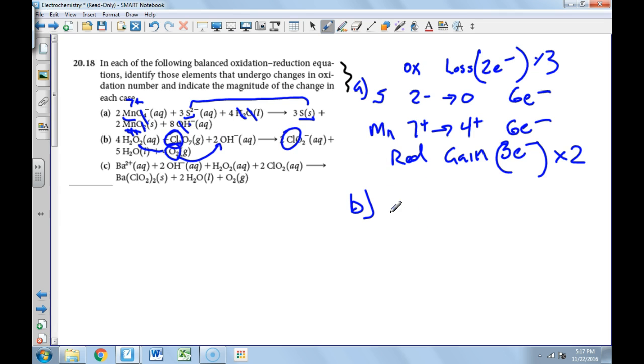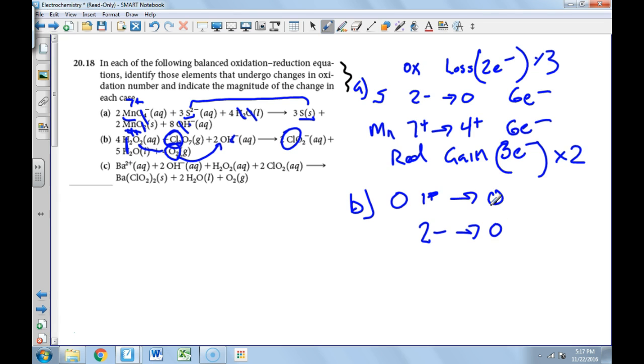Hydrogen is not changing its oxidation state, but oxygen is. In O2 and H2O2, oxygen is 1-, and it's going to a 0. Oxygen is also going from a 2- to a 0.